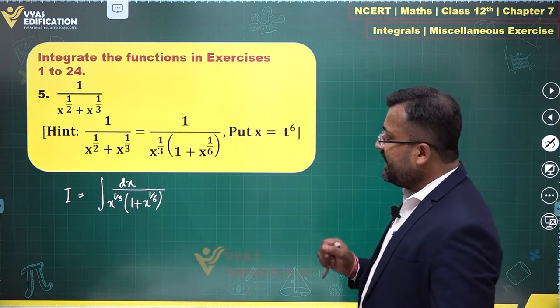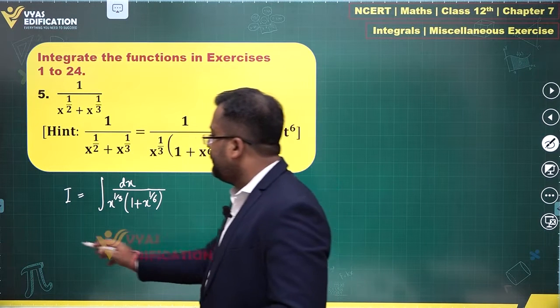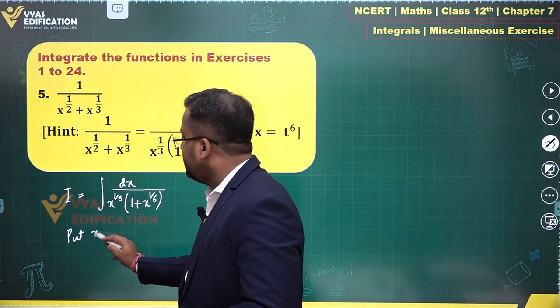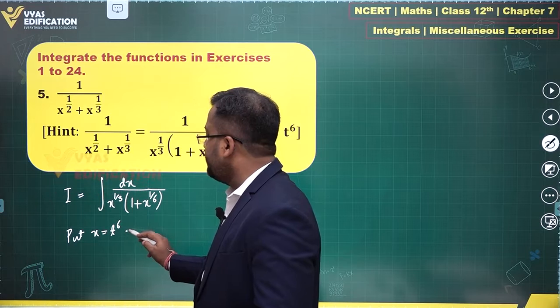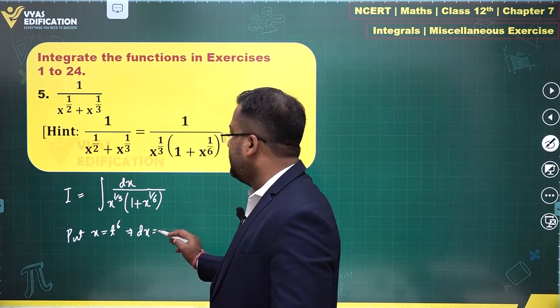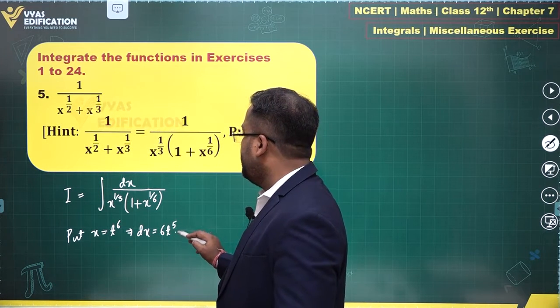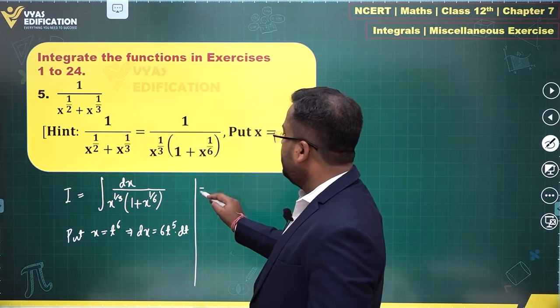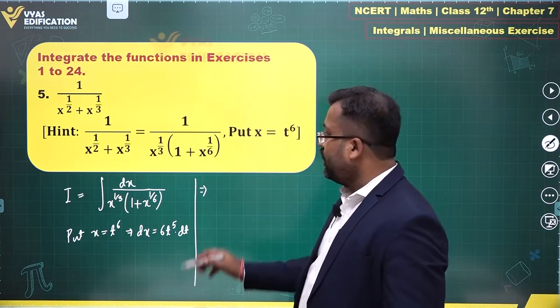So to handle that power 1 by 6, we can simply put x equals t power 6, as is mentioned. dx becomes 6t power 5 dt. And this tells me I will be equal to what?